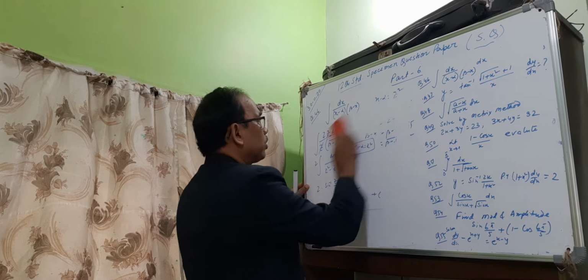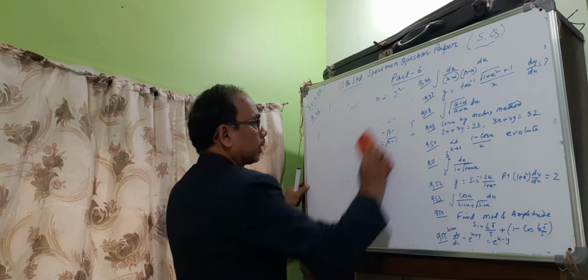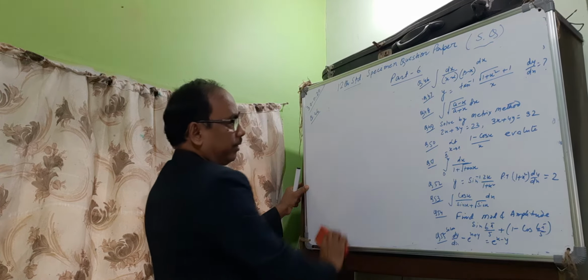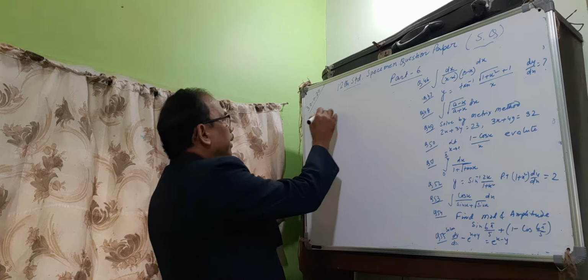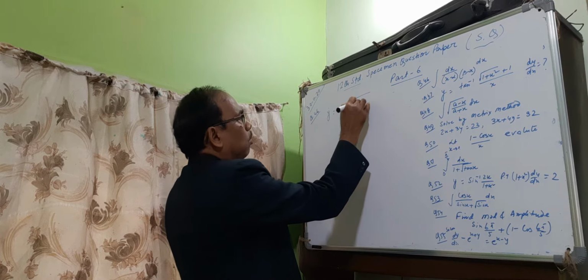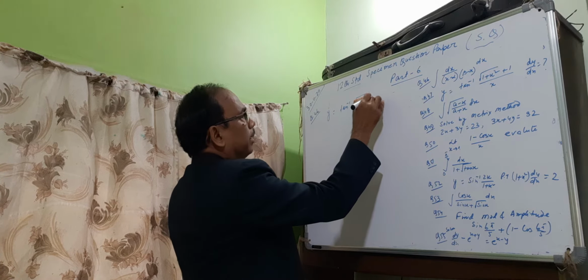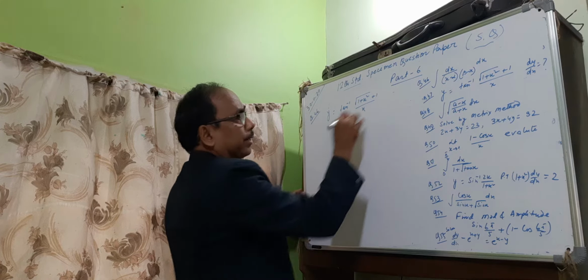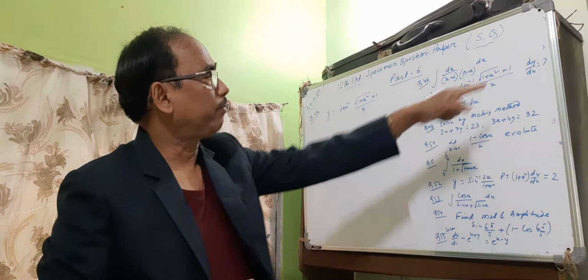Next, question number 47. Question number 47 is y equals tan inverse of root over of 1 plus x square plus 1 by x. You have to find dy by dx.